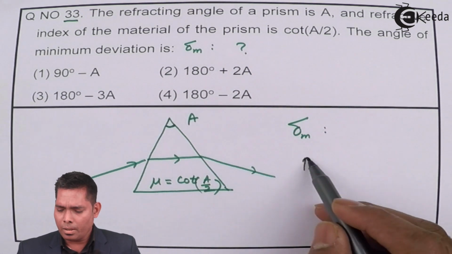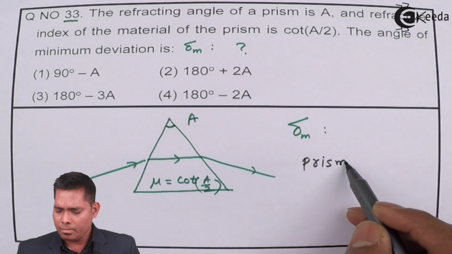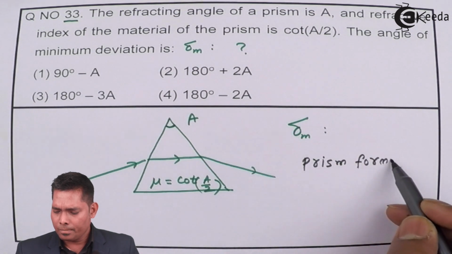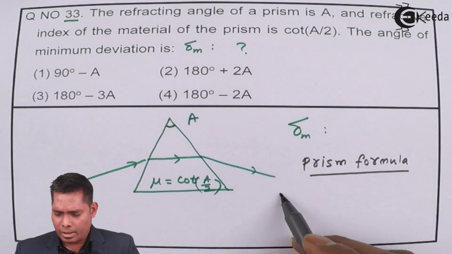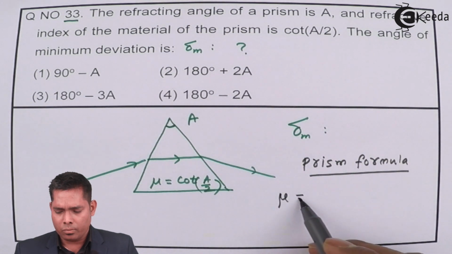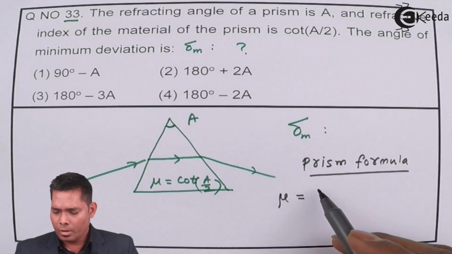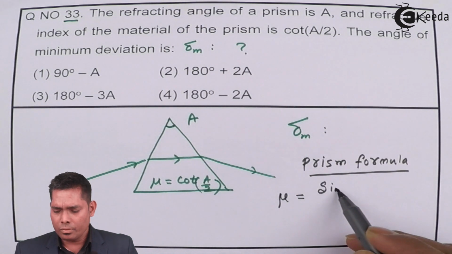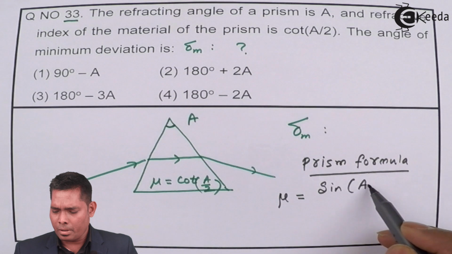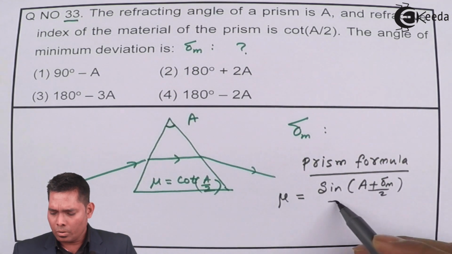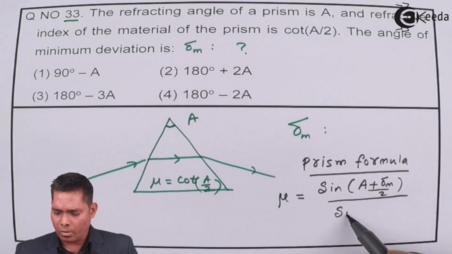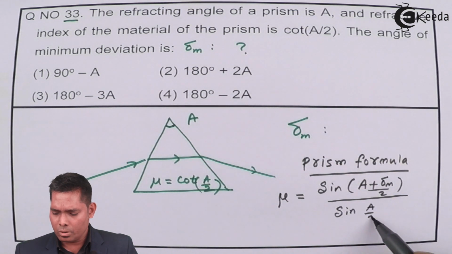What is that prism formula? In the prism formula, the refractive index of the prism is sine of A plus delta m divided by 2, whole divided by sine of A by 2.